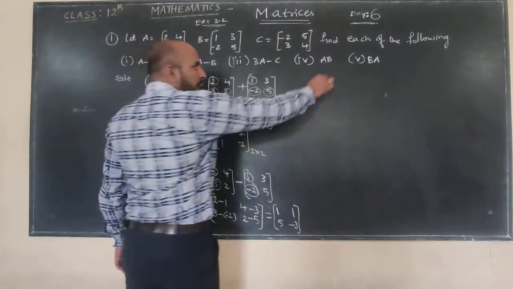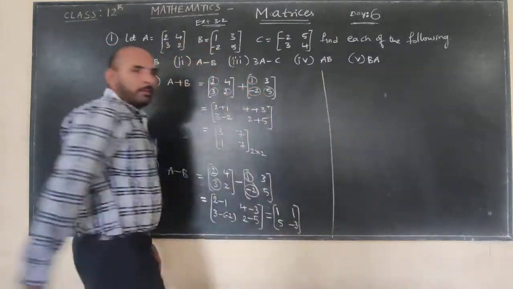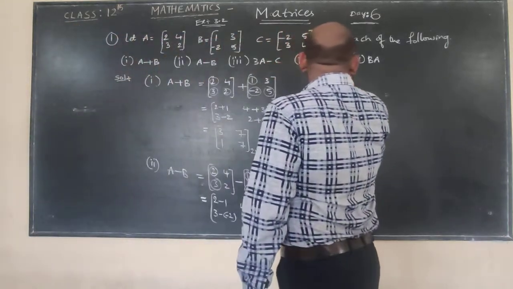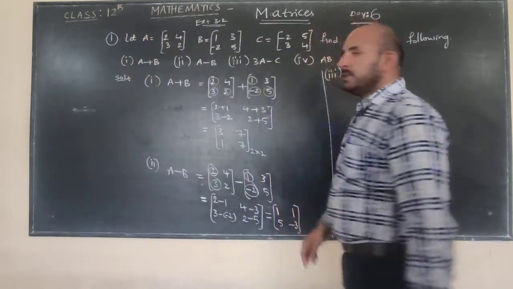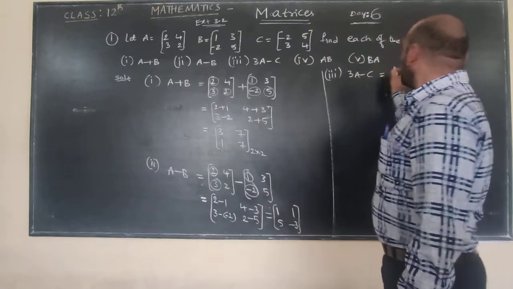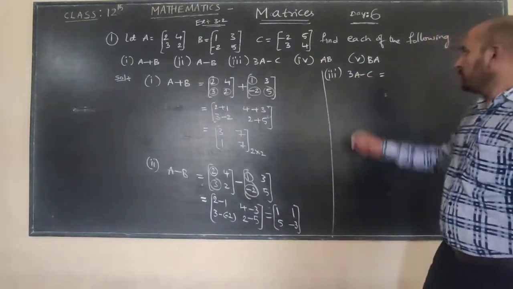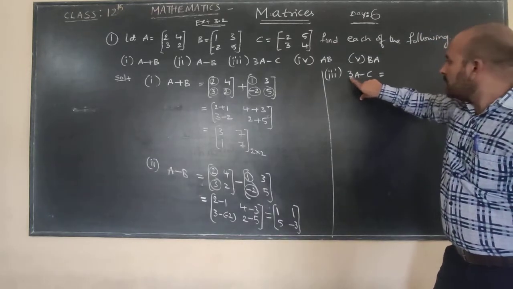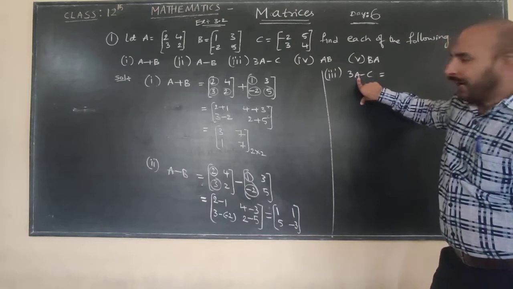Now coming to the third subbit, 3A minus C. Observe, 3A means what? It is the matrix multiplied by a scalar.